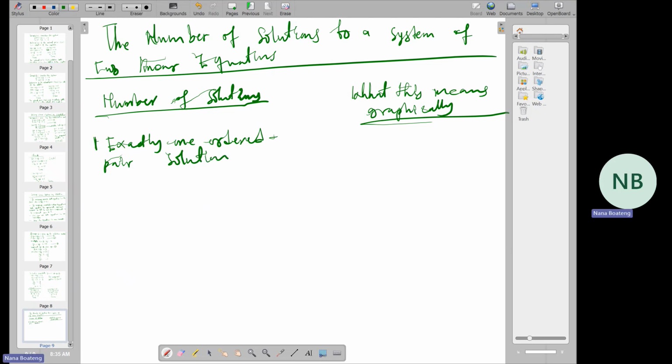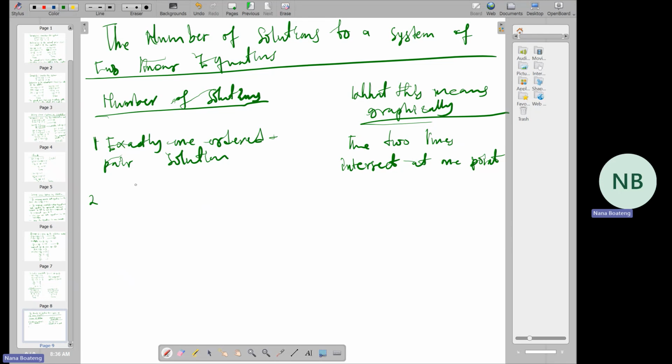And if the system has exactly one ordered pair solution, it means graphically the two lines intersect at one point.